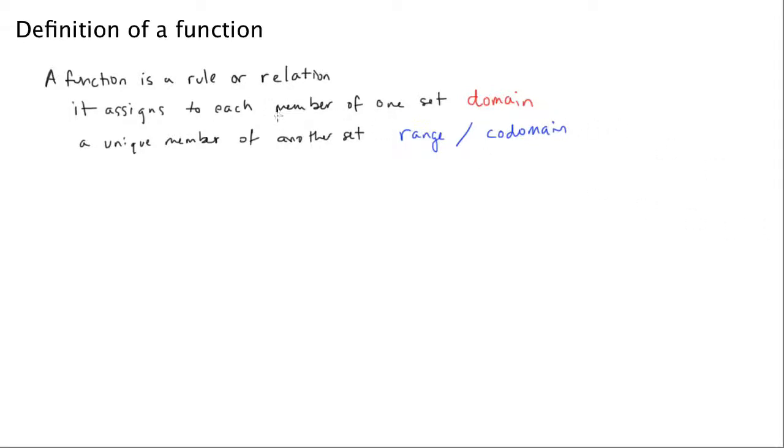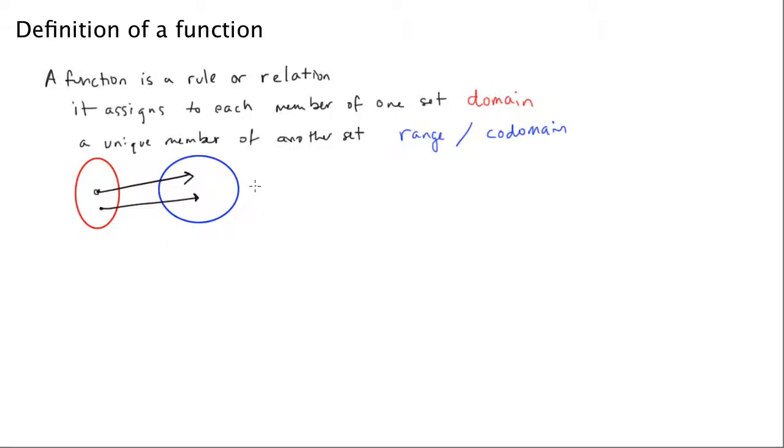So the easiest way to think about a function is to think about it pictorially. So let's say that I have a set of stuff and another set of stuff. Okay, so a function is just a rule that assigns certain things in one set to certain things in another set.